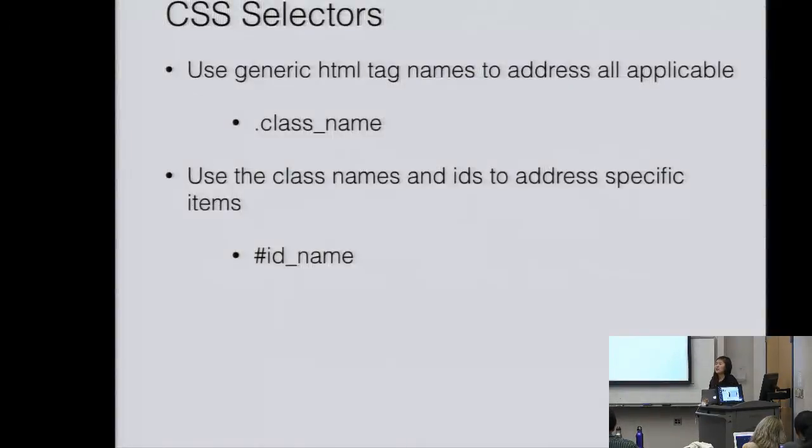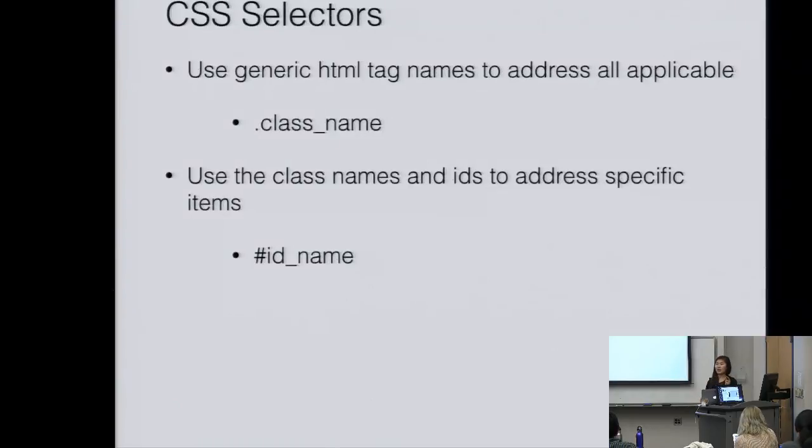For HTML, all elements have a name, like body, right, all the tags that I just went through. But you can also give it a class name. Class names can be given to more than one element in a file. Say I name the class highlight, I can also do highlight for several other elements. There's another way to name your elements, and that's IDs.